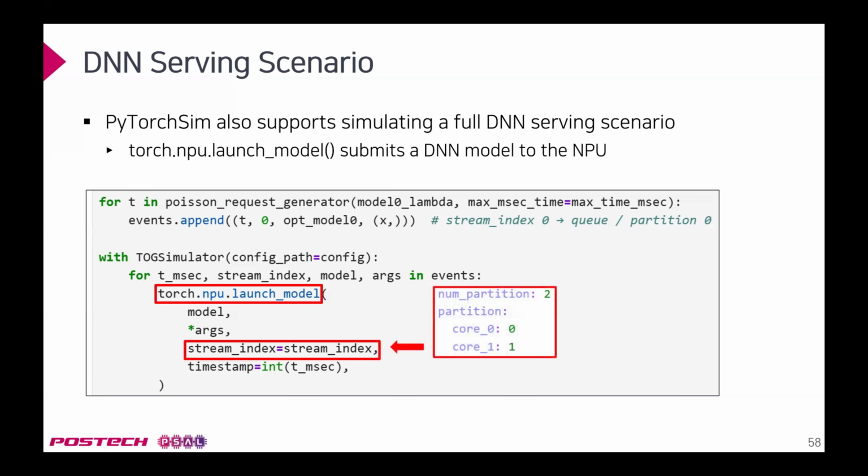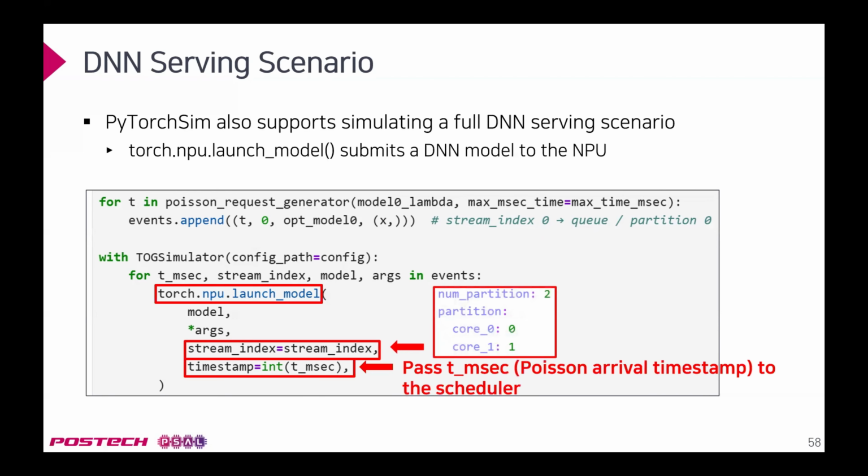The stream index corresponds to a hardware partition defined in the config. The timestamp parameter tells the simulator when each request arrived, so it can compute end-to-end latency, including any queuing time.